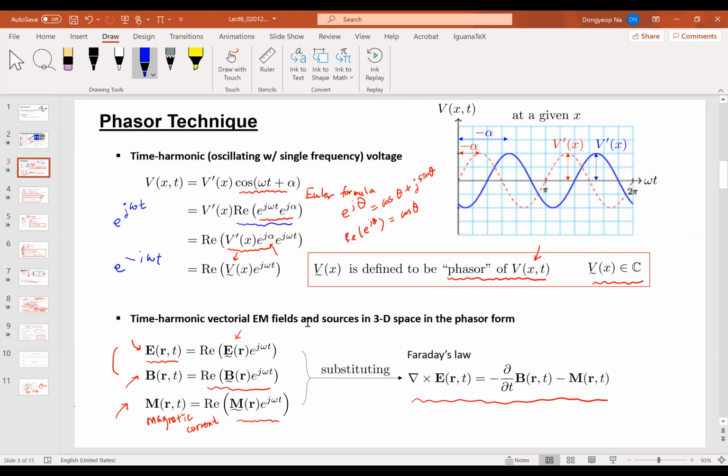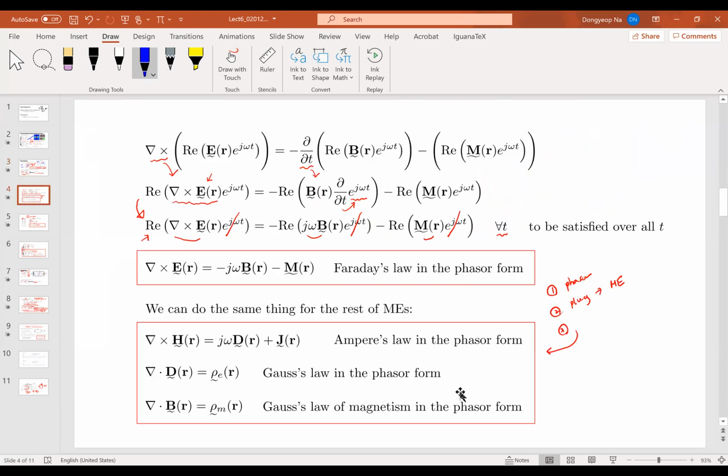We first assume that these fields are time harmonic, oscillating with a single frequency, and we can represent them in the phasor form this way. Then if we substitute it into Faraday's law and do some math, we arrive at Faraday's law in the phasor form. Again, the time derivative is replaced by j omega.